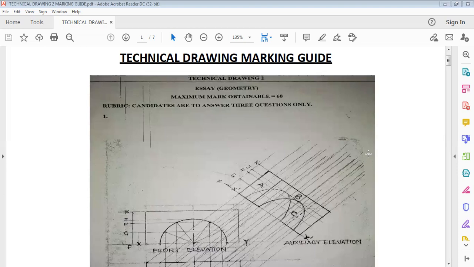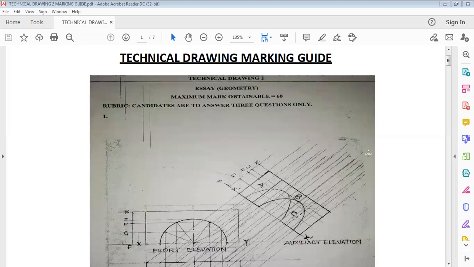Now, looking at the screen, this is technical drawing paper 2, which is titled SA or geometry. So all the questions that will be given here will be on geometrical drawing. As I've explained before, paper 1 is objective, 30 general questions on geometrical drawing, then 10 building drawing and 10 mechanical drawing.